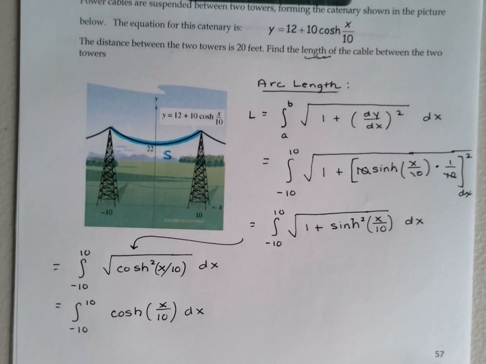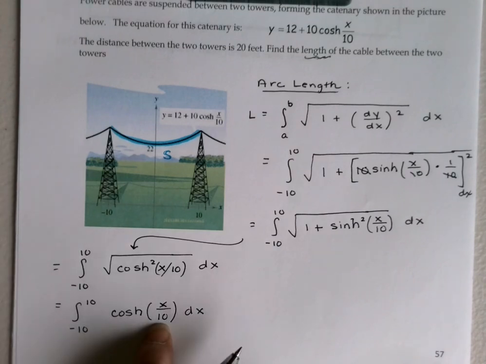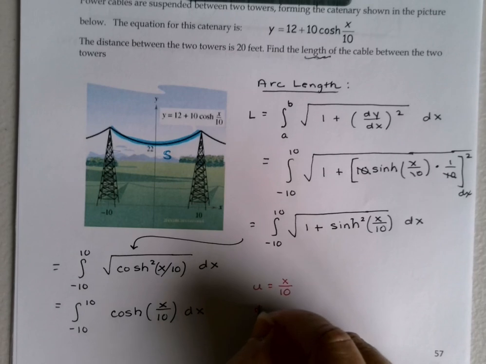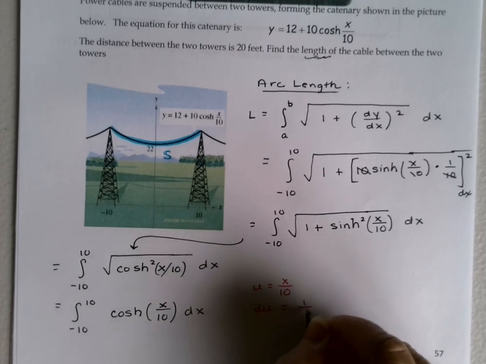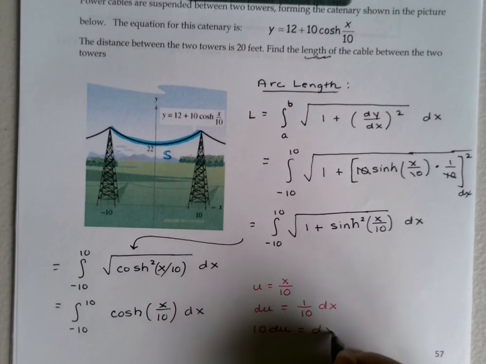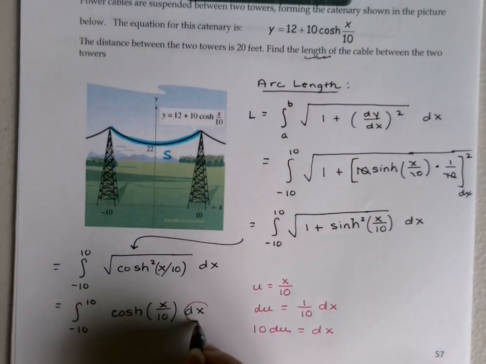We can do just a little u substitution here. If u is x over 10, then du would be 1/10 dx, and 10 du is equal to that dx.